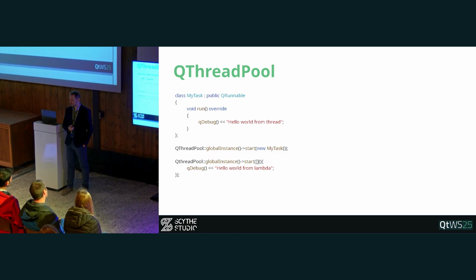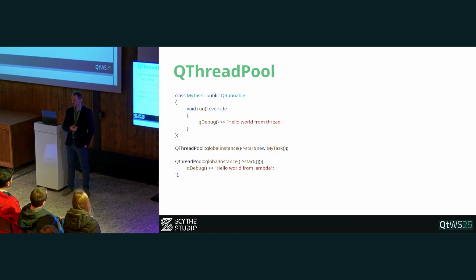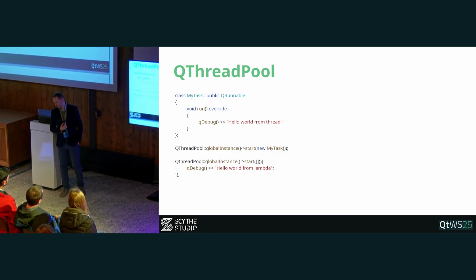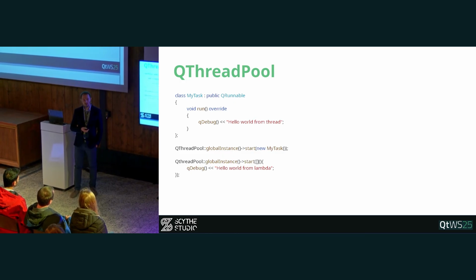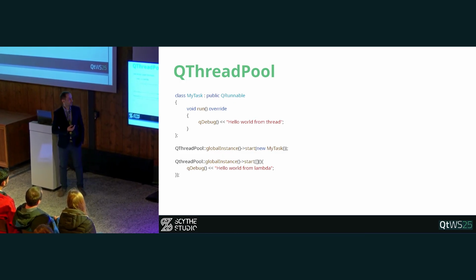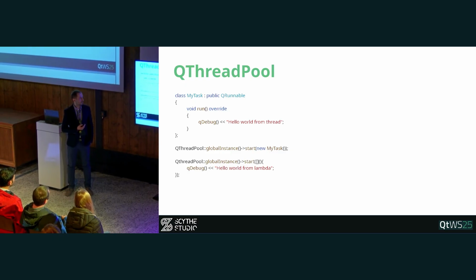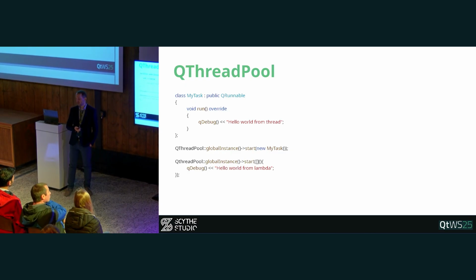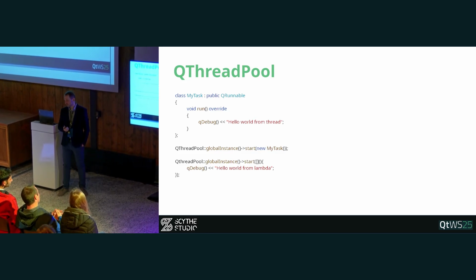What you do is you just pass your tasks to QThreadPool, and the Qt framework creates one thread pool for you. It is accessible by calling the globalInstance method, and you can either pass it a lambda, or if you want your work to be implemented as a class, then you can subclass QRunnable.